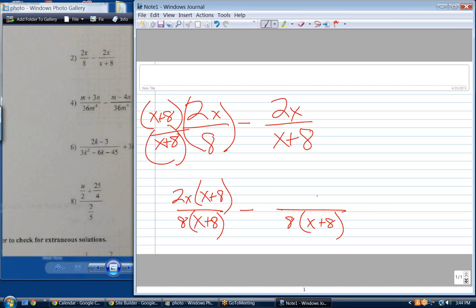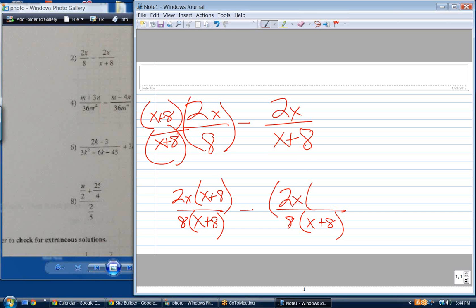Okay, on the right, what do I have? 2x, the same thing. Times what? Times x plus 8? No. I don't have to multiply this denominator by x plus 8 to give it the new denominator.